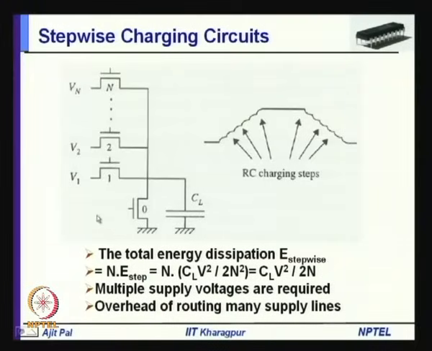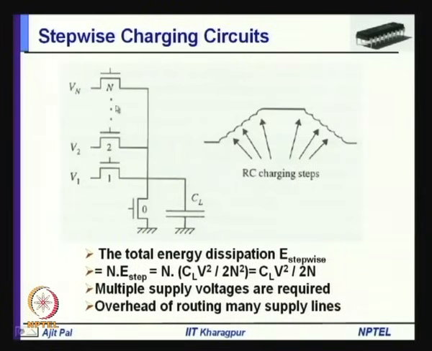Initially this capacitor is discharged by turning this transistor on, so the voltage is 0. Now first switch number 1 is closed and it will charge to a voltage V1, then this switch will be turned off, switch V2 will be closed, and it will charge from V1 to V2. In this way, it will go up to voltage Vn in n steps.